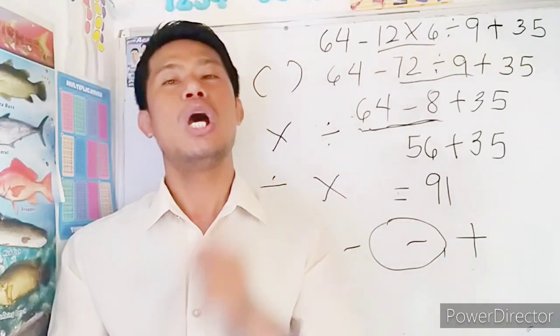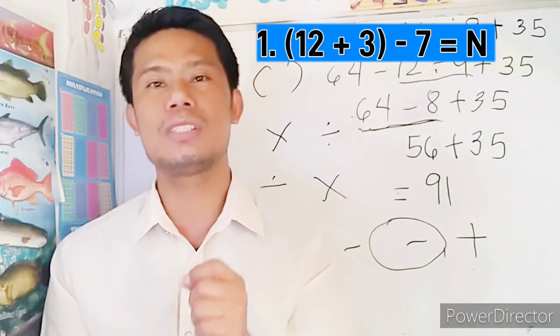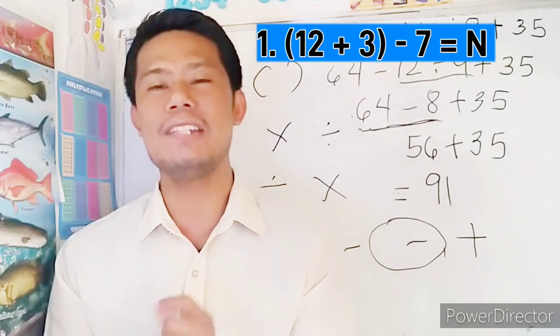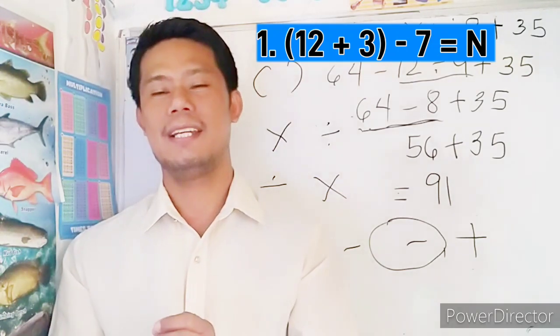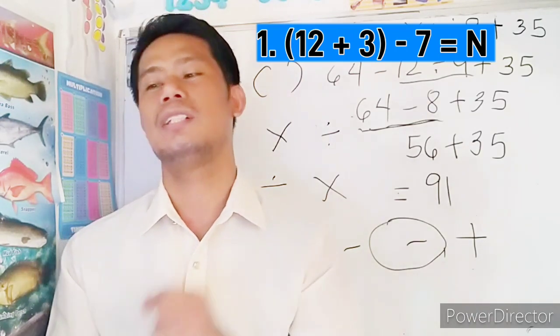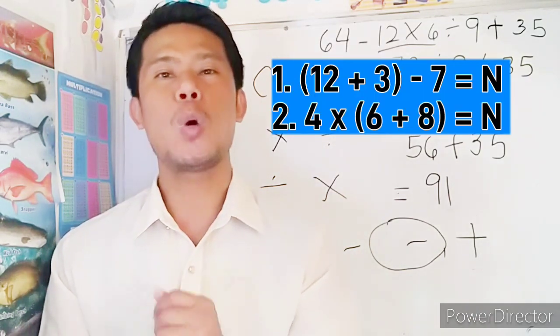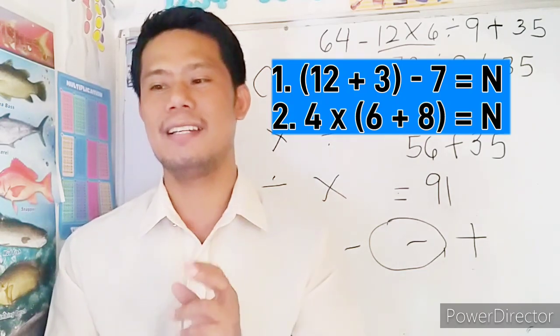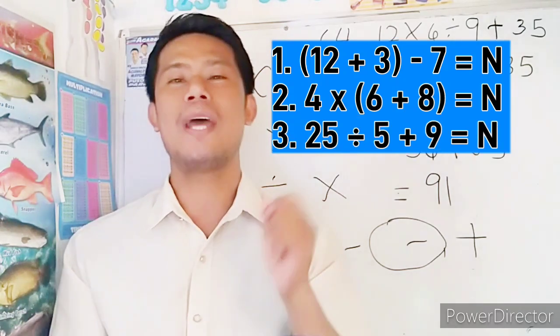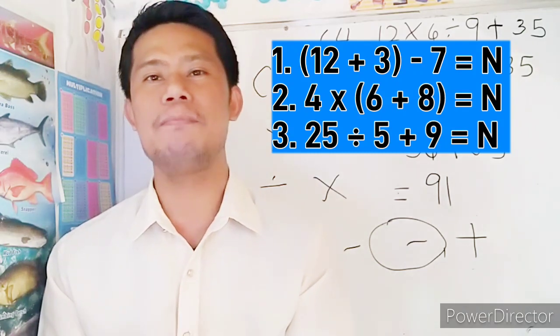Listen carefully. Quantity of 12 plus 3 minus 7. What is the first operation that you are going to perform? Alright, another one. 4 times quantity of 6 plus 18. Alright, another one. 25 divided by 5 plus 9.